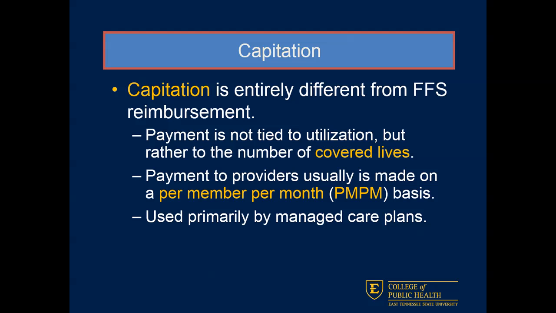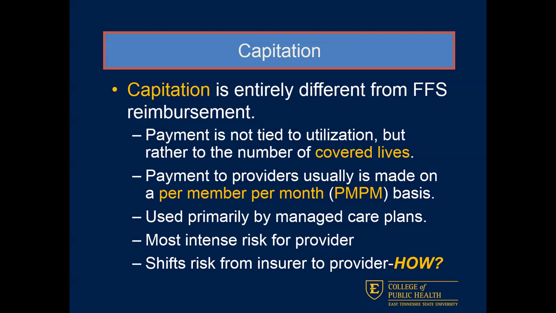It's primarily used, and you see this more, in managed care type plans, and the most intense risk for the provider lies here with capitation. It works to shift risk from the insurance to the provider, because now the provider's revenue is based on how often patients utilize services.